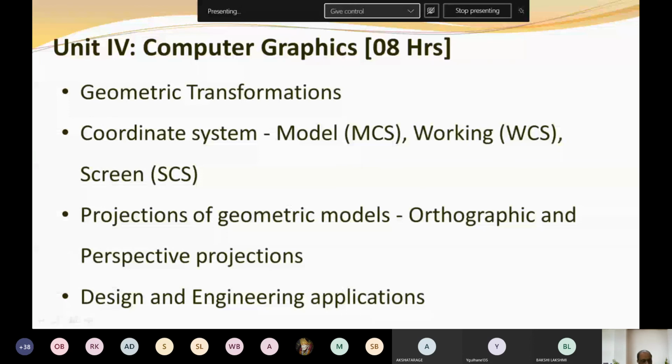With respect to this screen 0 0, you are defining different things, because you can change the resolution of your display, maybe 800 by 600, 1200 by 900, and so on.